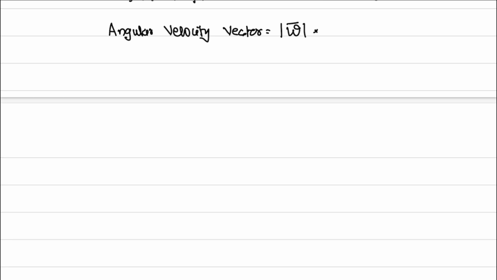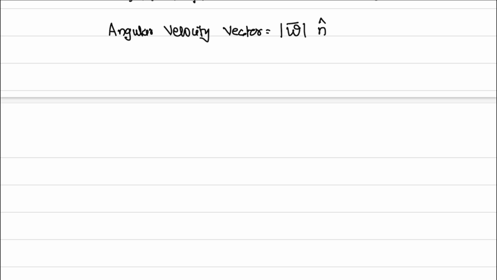Angular velocity vector is equal to magnitude of omega, because omega we do not know, we have to find out omega, into the unit vector of the axis.